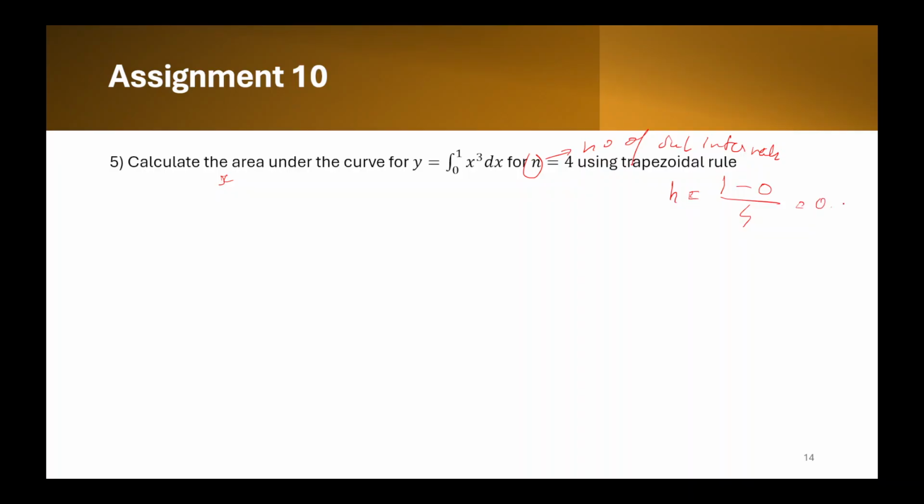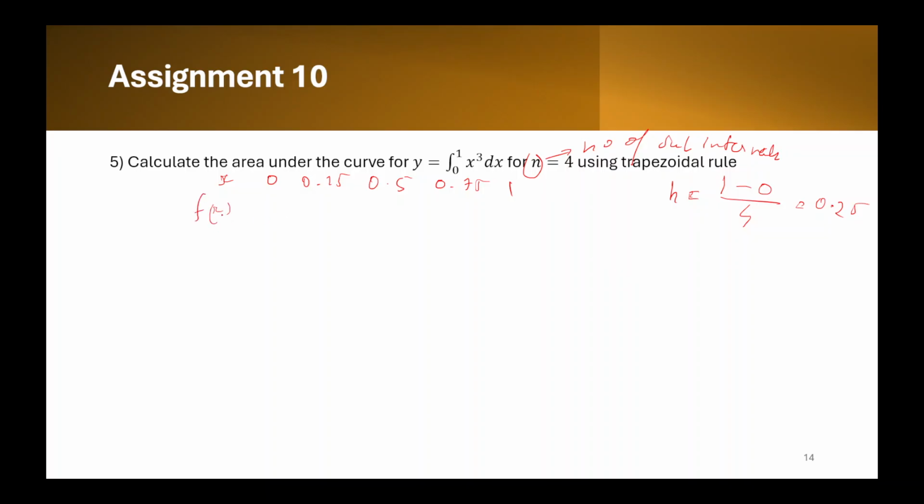So 1 by 4 is 0.25. The width for each data point will be 0.25. So x is 0, 0.25, 0.5, 0.75, and 1. So number of data points is 1, 2, 3, 4, 5 again.